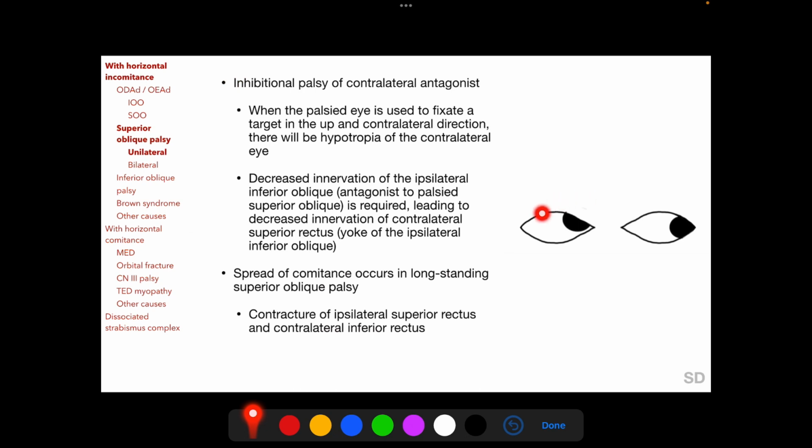When the affected eye with superior oblique palsy is used to fixate a target in the up and contralateral direction, there will be hypotropia of the contralateral eye.